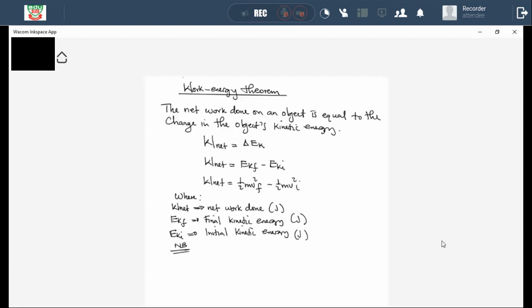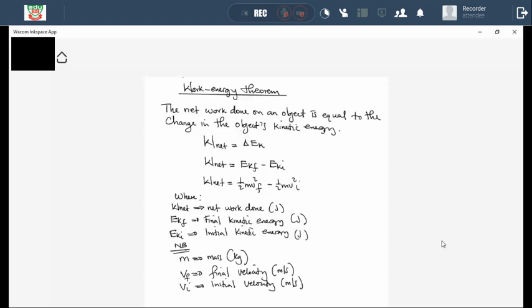M represents mass in kilograms, VF represents final velocity, which is measured in meters per second, and VI represents initial velocity, which is also measured in meters per second.